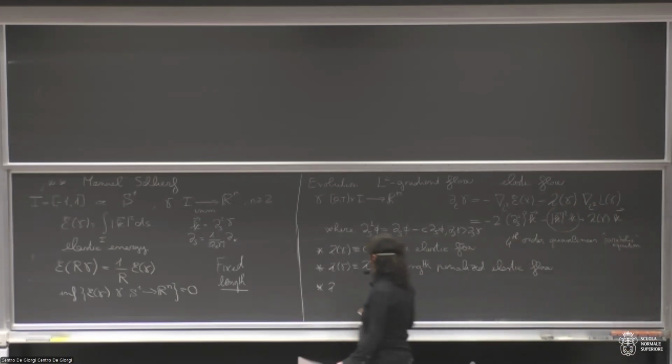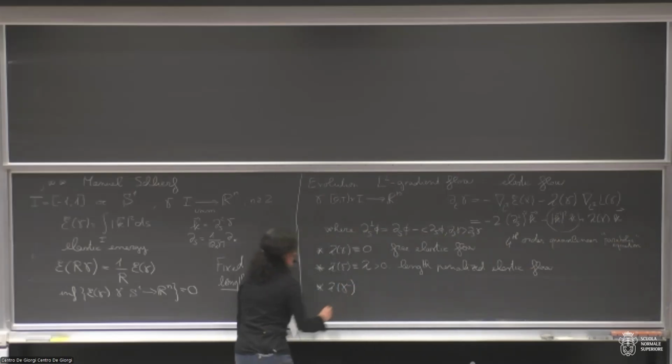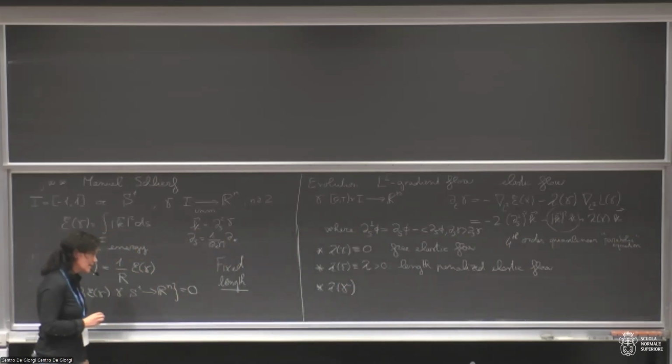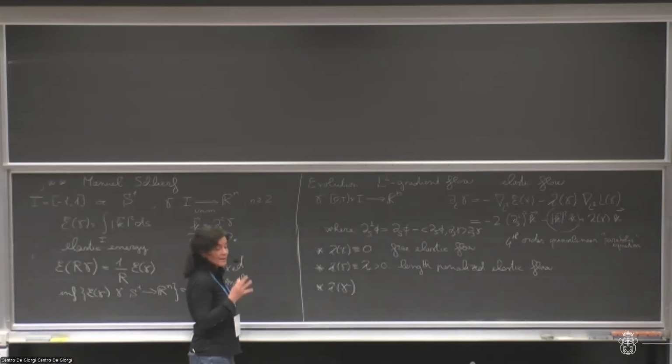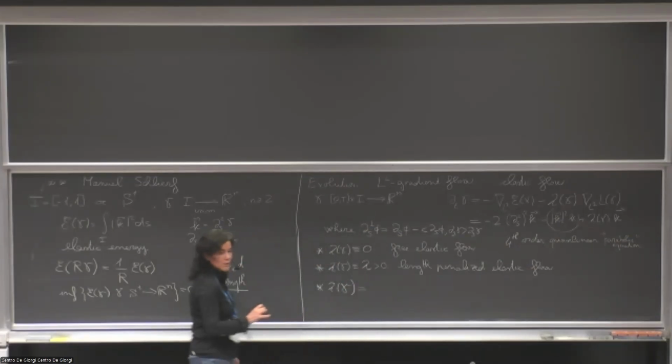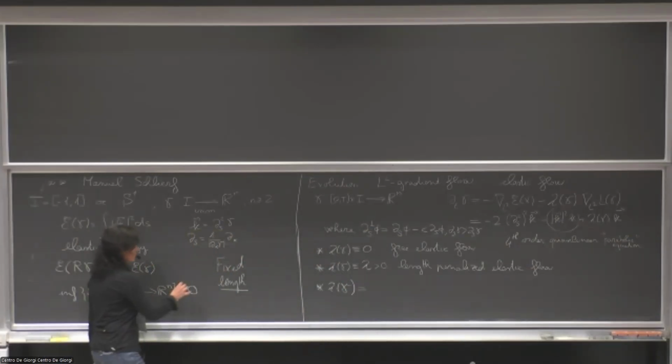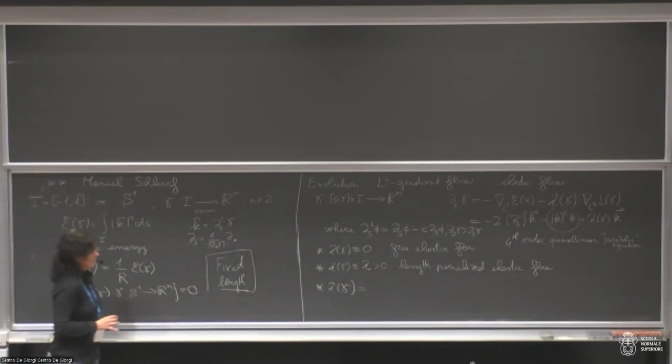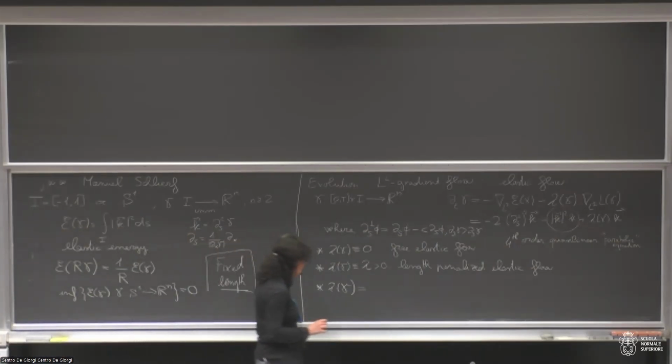Thank you for asking. And then the last possibility will be that this lambda is really a Lagrange multiplier that enforces what I already told you we are interested in, that along the evolution the length of the curves is kept fixed.